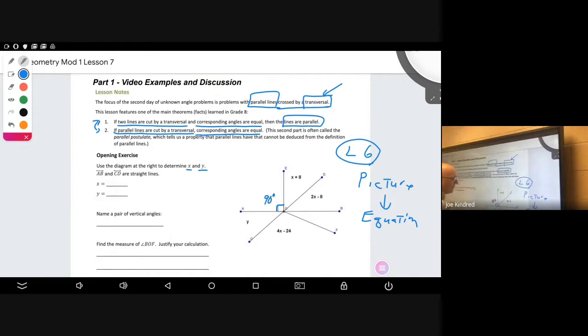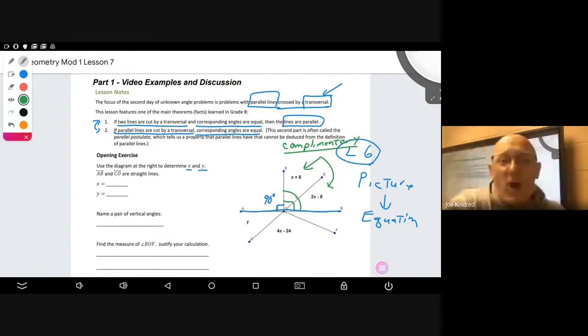I also note that we have a straight line from A to B. That means that these two angles, x plus 8 and 2x minus 8, also equal 90 degrees. That's really important because with that fact alone, these two angles are complementary, and complementary angles, as we know, are any number of angles that add up to 90 degrees.